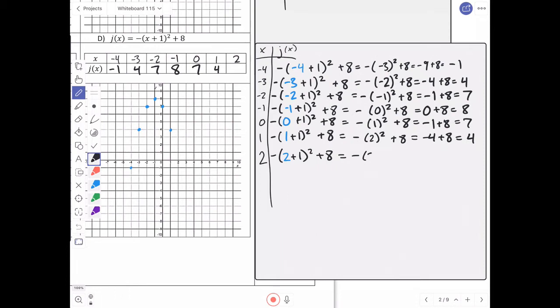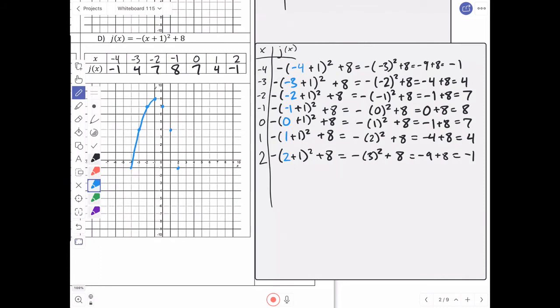Negative 3 squared plus 8 is negative 9 plus 8, which is negative 1. 2, negative 1. And I have that curve. Let's see.